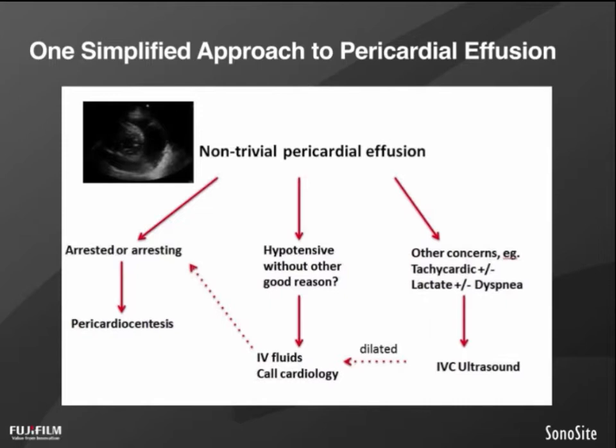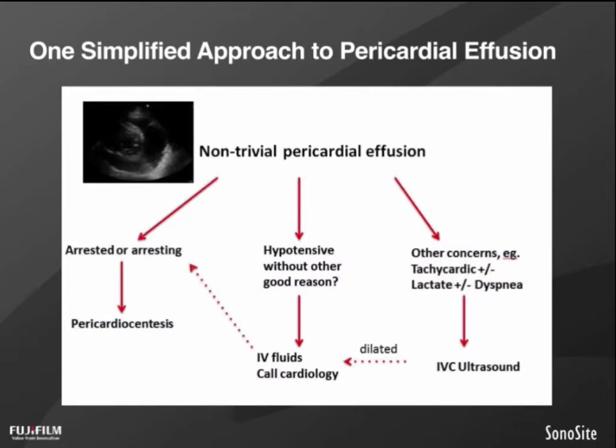However, thankfully, it is the minority of patients who present with effusion and present in cardiac arrest, and instead, the great majority are actually quite stable. And therefore, we have time to clinically integrate the effusion with clinical features, such as their overall appearance, vital sign derangements, lab tests such as lactate, oliguria, other things.